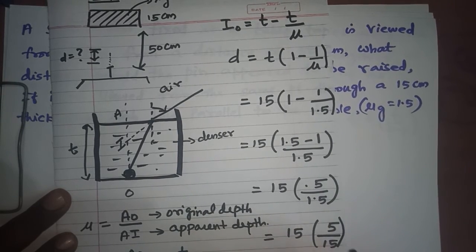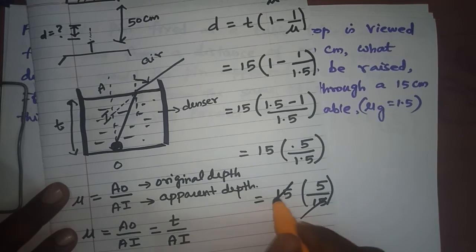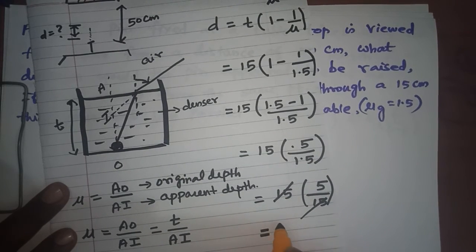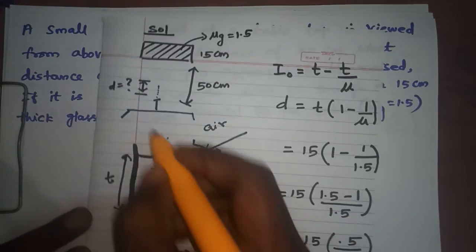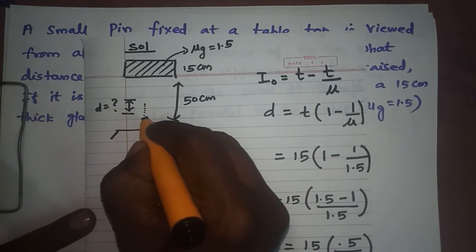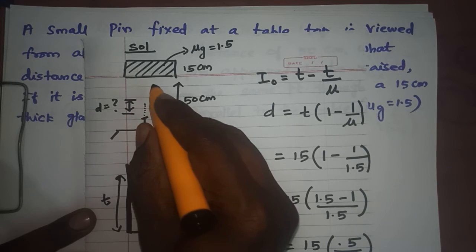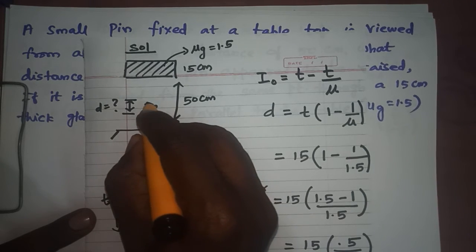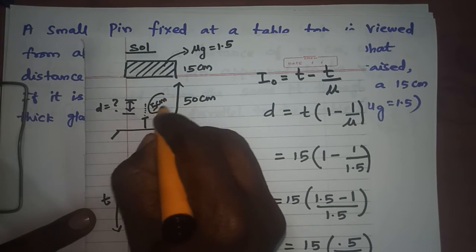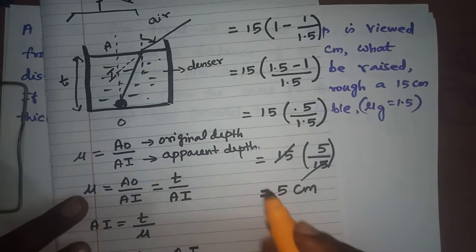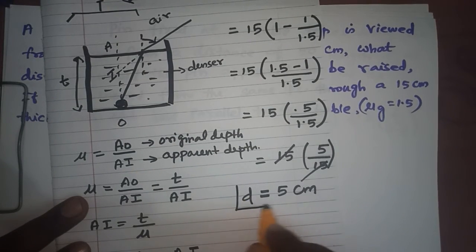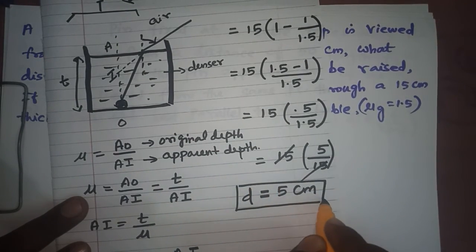Elementary mathematics: the 15 gets cancelled, and this is equal to 5 centimeter. So the raised distance of this needle from the table because of the glass slab is 5 centimeter. This is my answer: D is equal to 5 centimeter.